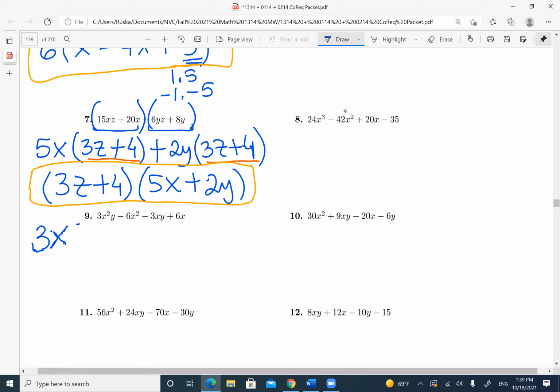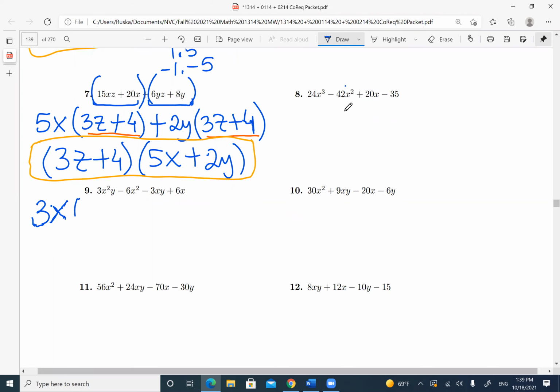You always factor the GCF first. So when you factor out 3x, what is left? We're left with xy minus 2x minus y plus 2, with 3x in front, like that.